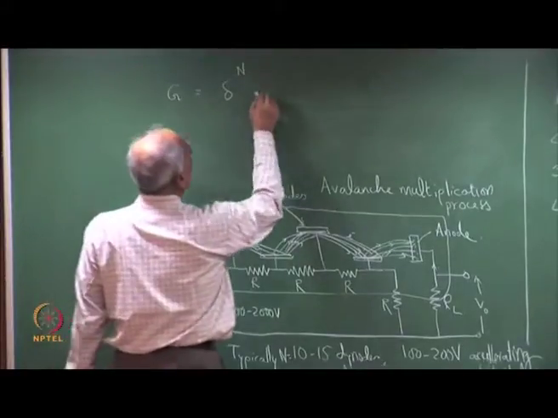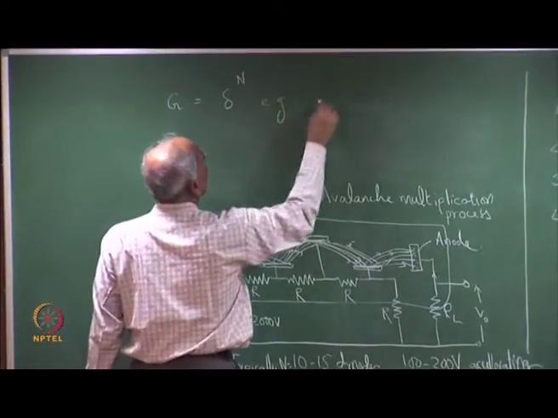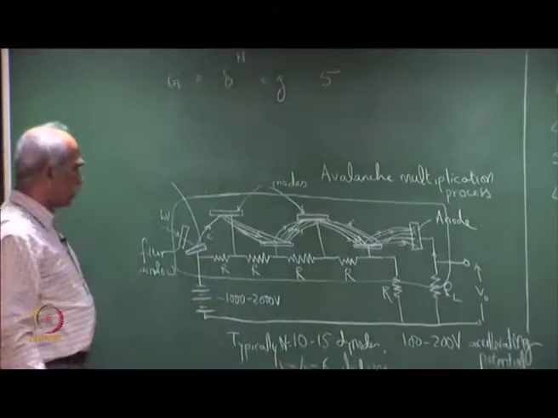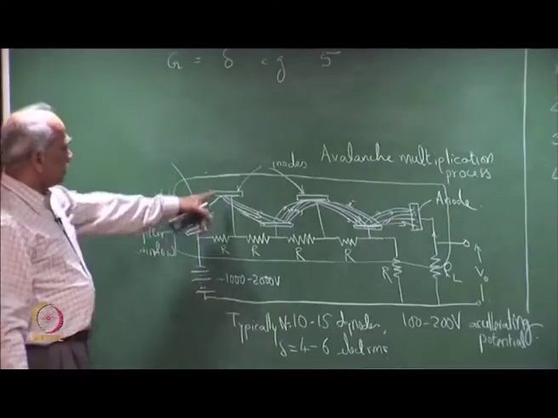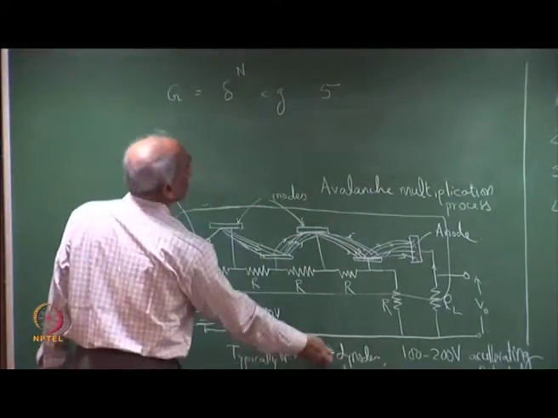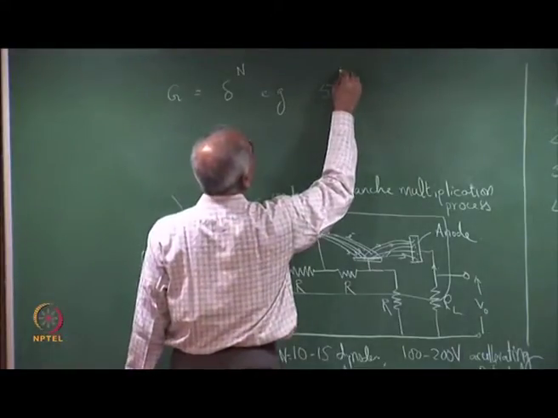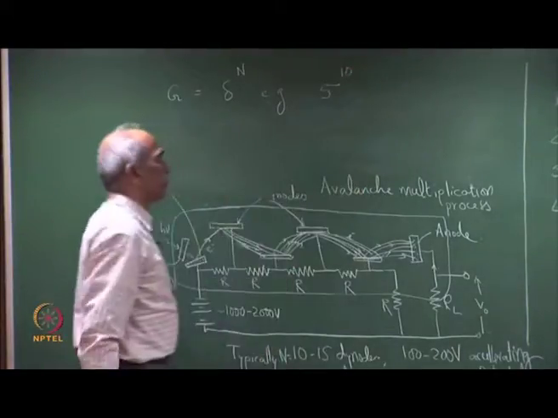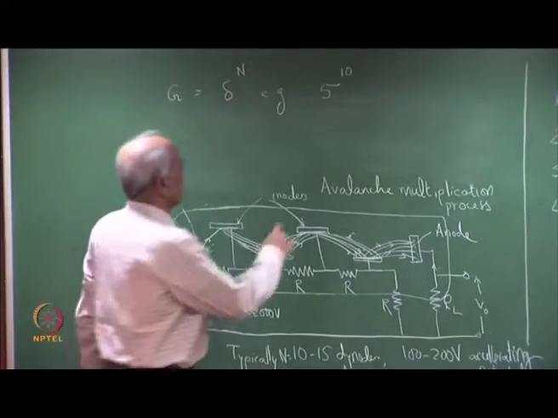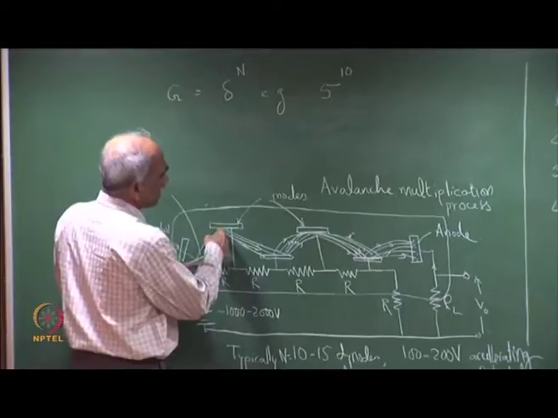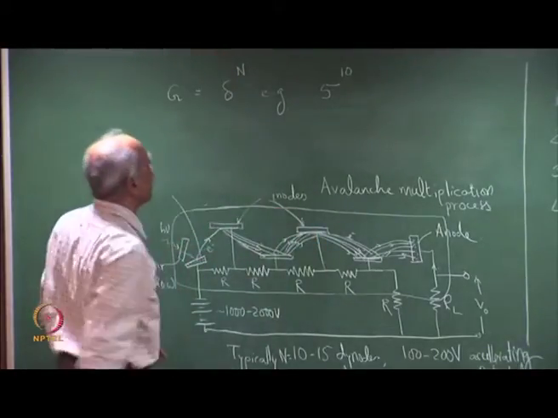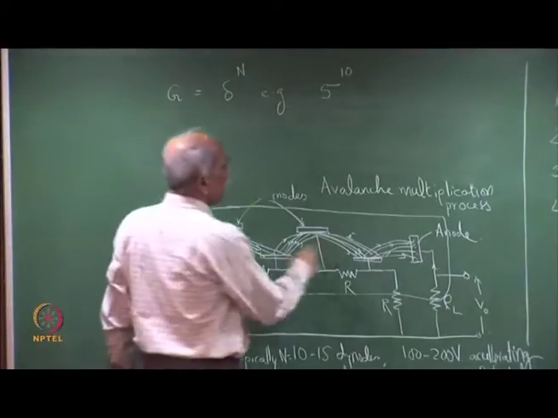So, if delta is equal to 5, typically 4 to 6 electrons per primary electron is released, and if it is 10 to 15 diodes, let me assume n equal to 10. So, this is 5 to the power of 10 is the gain, because one releases 5 and each 5 releases 5. So, it is 5 to the power of n, the number of diodes.